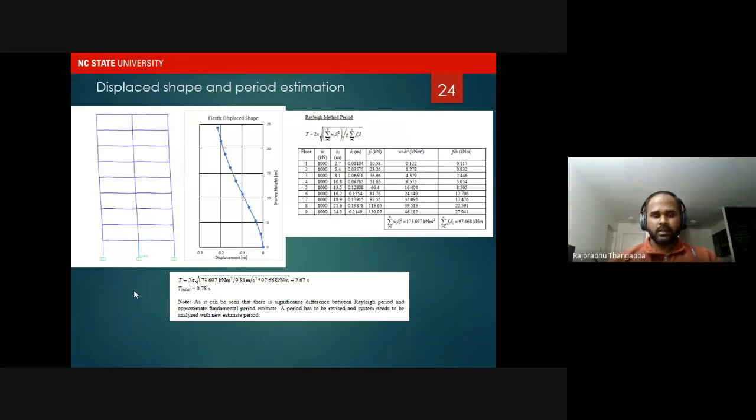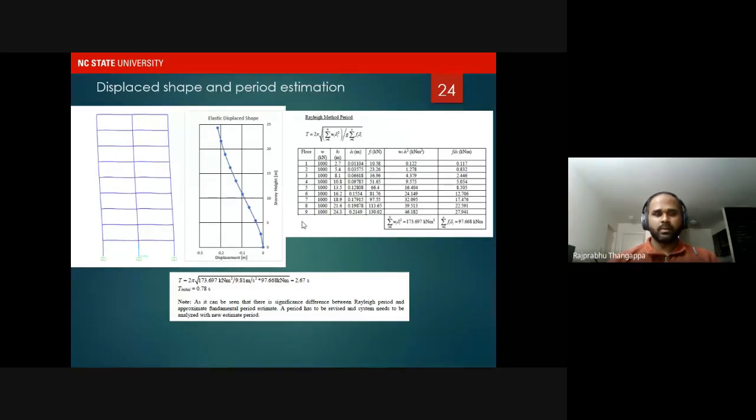So at this stage, what we should do is perform the calculations again, because once the period changes, the lateral forces which we will be calculating is going to change, and that would result in different displacements, and that would result in different period.